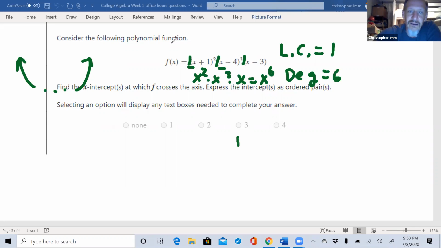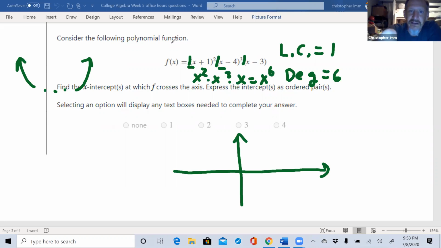So what we can do now is we can actually plot these zeros. Now this is going to be a sort of cool part. So I know from this graph, let's erase this here, because we already talked about that. From this factored polynomial, I see that we get a 0 of -1, a 0 of 4, and a 0 of 3.